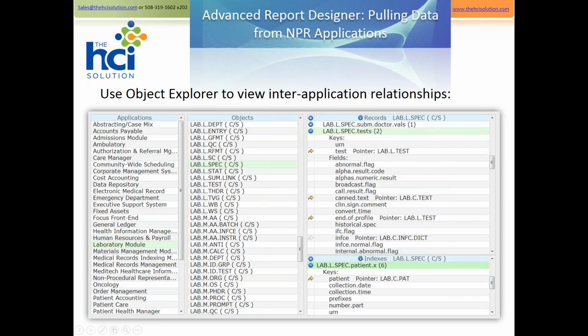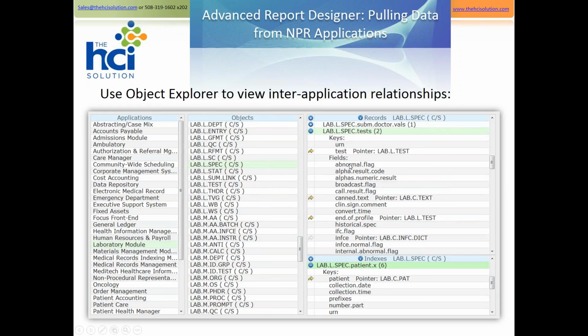And this slide just shows a screenshot of the Meditech Object Explorer and some of the lab data that we need to use. The data that we need to include on the report includes a lot of fields from the lab specimen test record, or as they call it in CSNPR, the lab spec test segment.